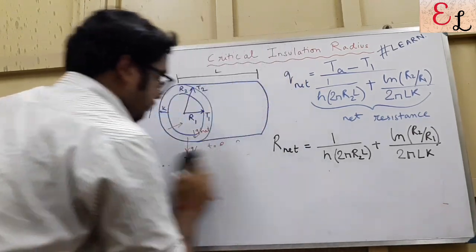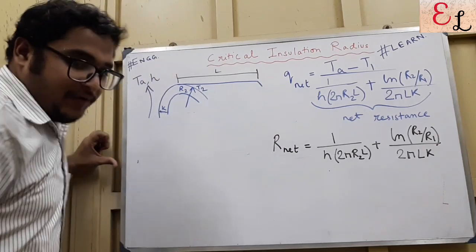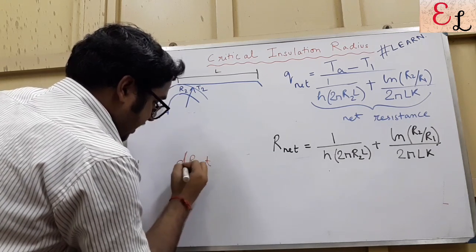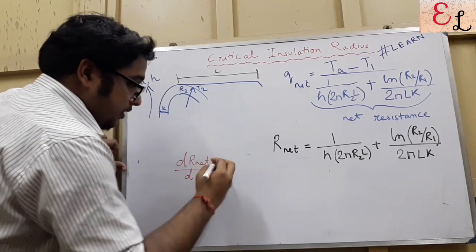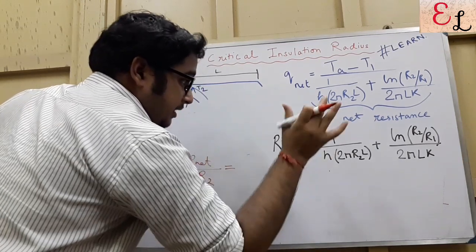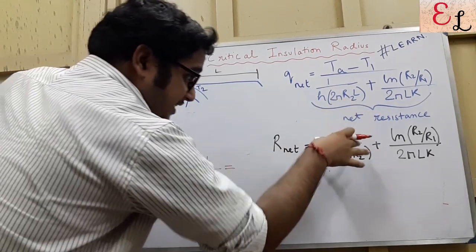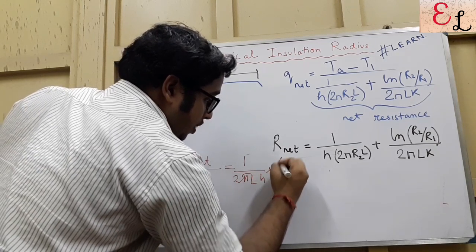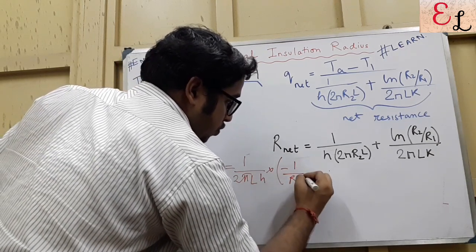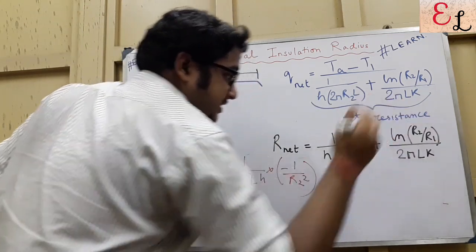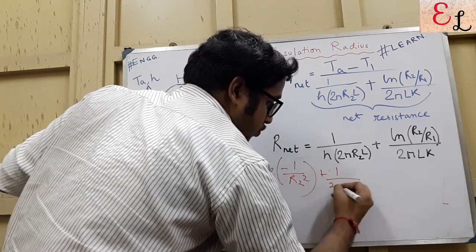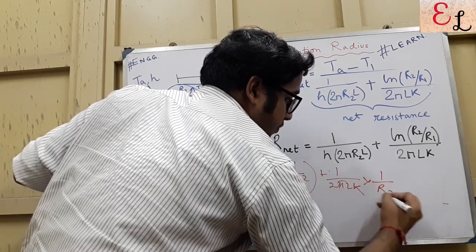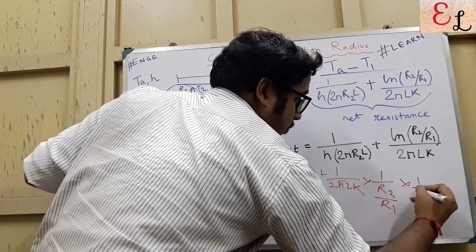To do that, we need to differentiate R net with respect to R2. So dR net by dR2 is nothing but d by dR2 of this, which means 1 by 2 pi L H into minus 1 by R2 square, plus d by dR2 of this, where the constants come out: 1 by 2 pi L K into 1 by R2, into 1 by R1 times R1.